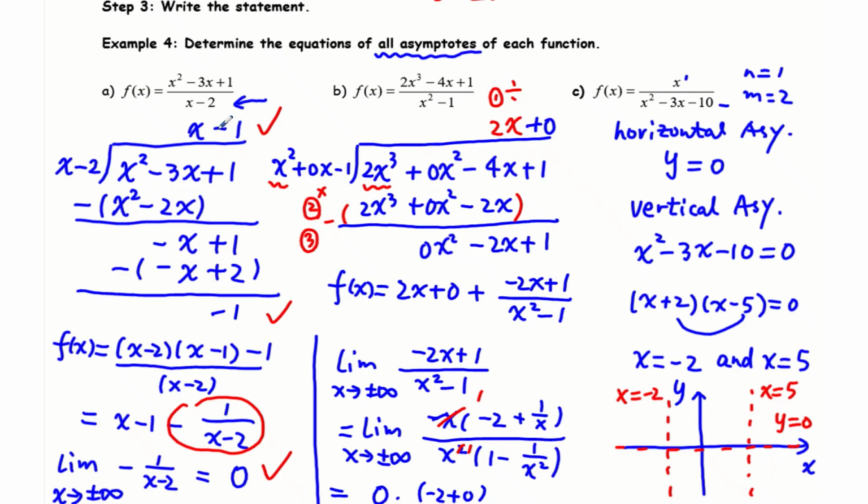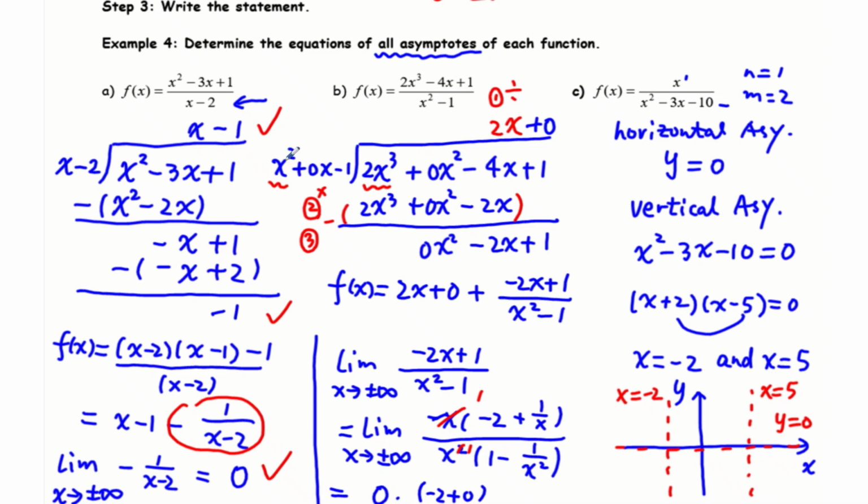And for oblique, it's when the degree of the numerator is higher than the denominator's degree. Then we do the long division. When we do the long division, make sure if one term is missing, we put 0x to that degree there. So the degrees must be 3, 2, 1, 0 in order.